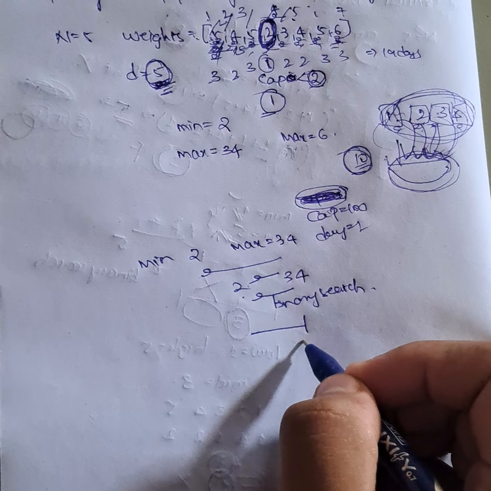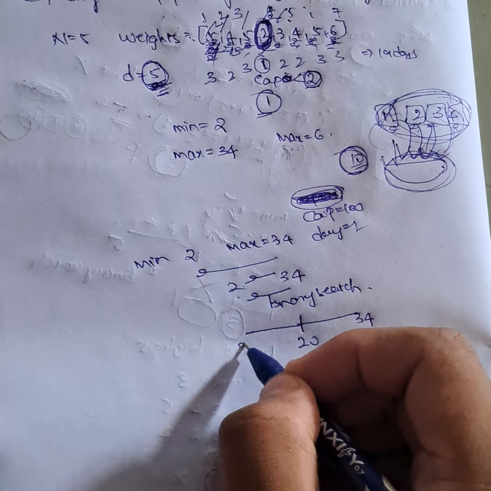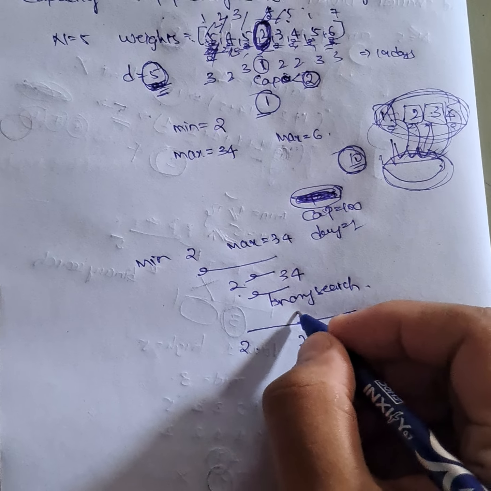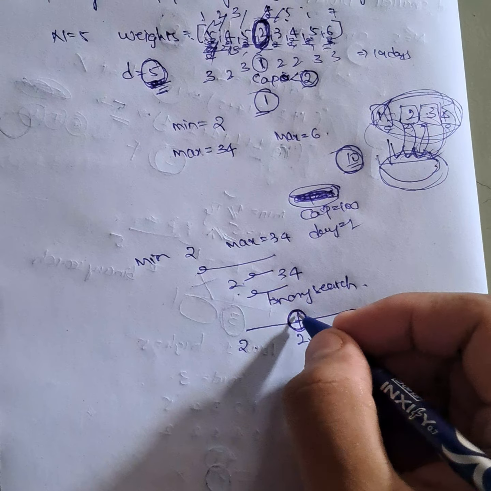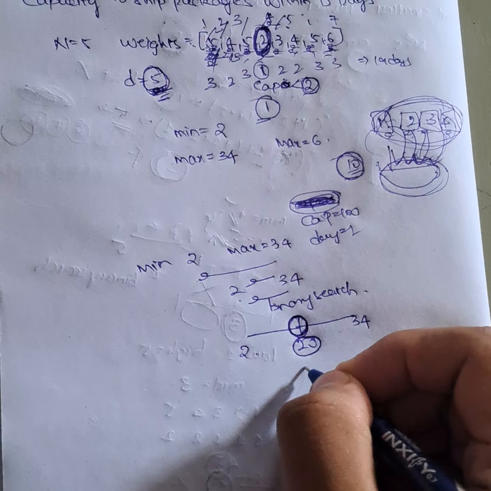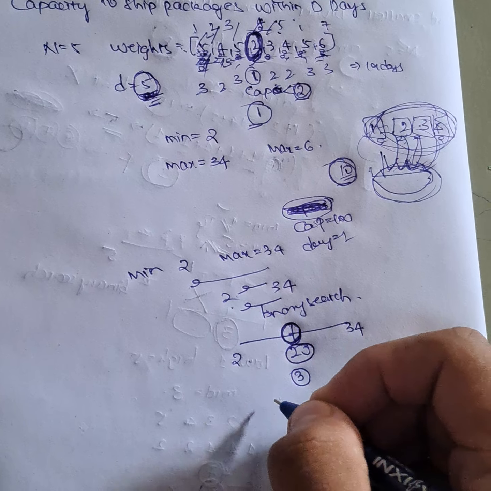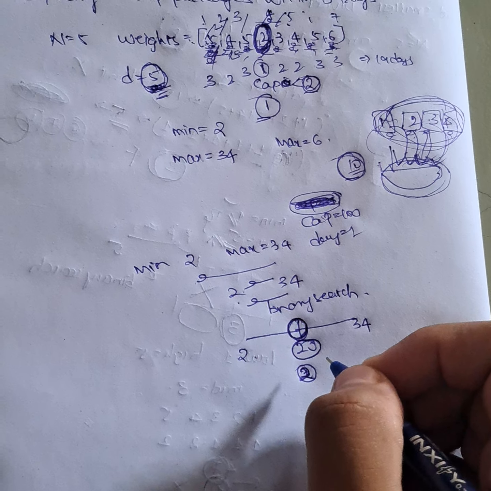Assume the answer is around 20. It may be 20, it may not be, but assume it is. For this capacity, suppose we can ship it in 2 days.